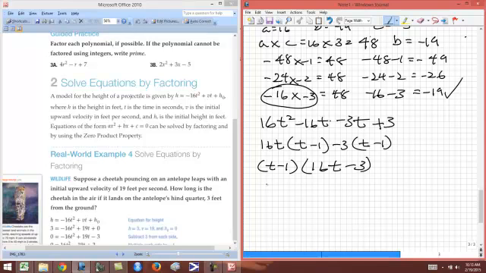So we got t minus 1 equals 0. So we're going to use these with the zero products property. T equals 1, and 16t minus 3 equals 0.